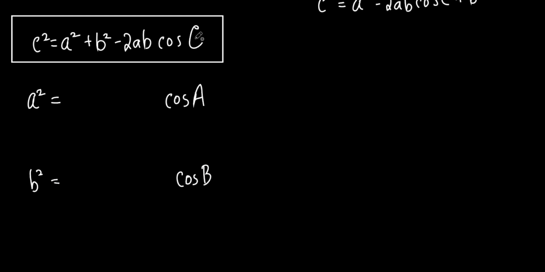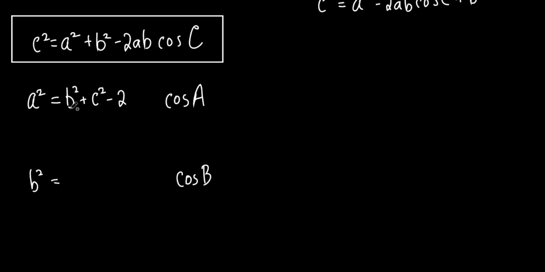We already had the cosine of c up here. So instead of a squared plus b squared, look, what did this leave out? It left out the c. So we're going to leave out the a. So what's left? b squared plus c squared minus, now this one says 2ab, or 2 times this number times this number. So what's this going to be?